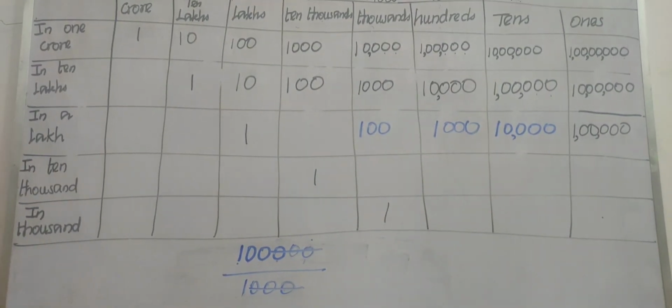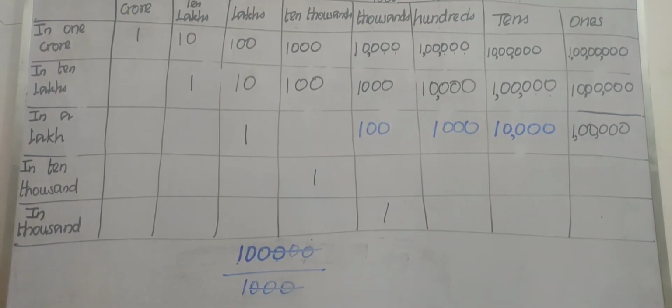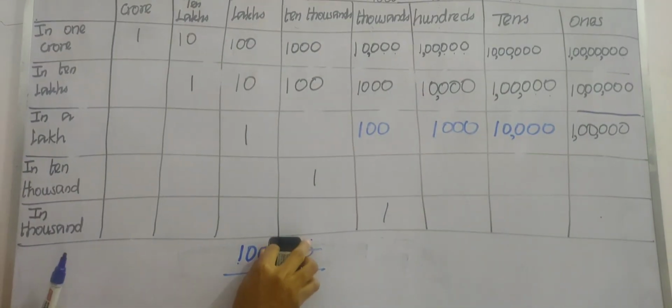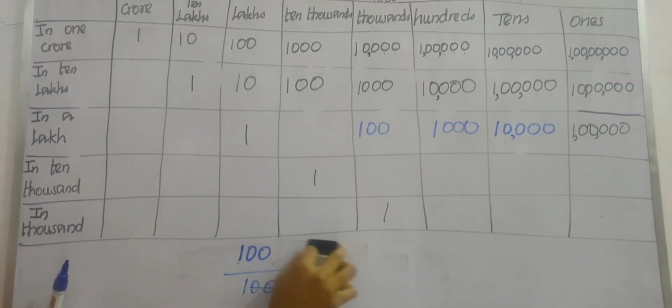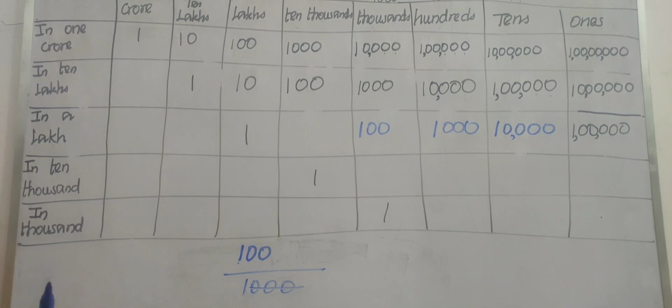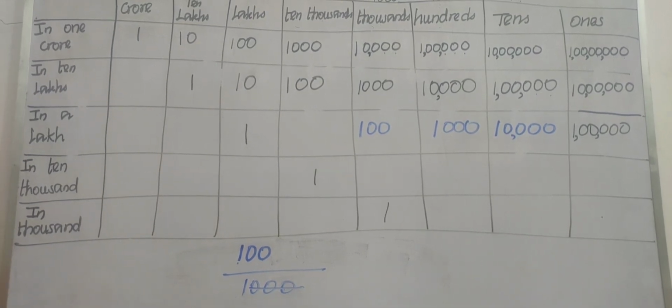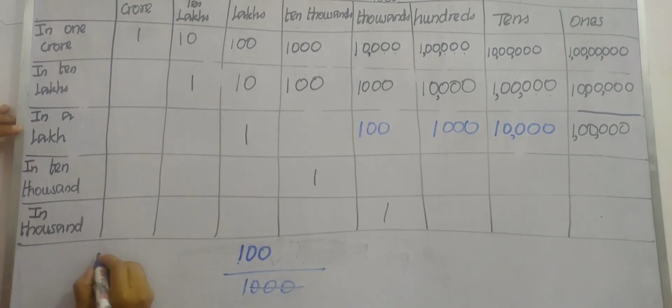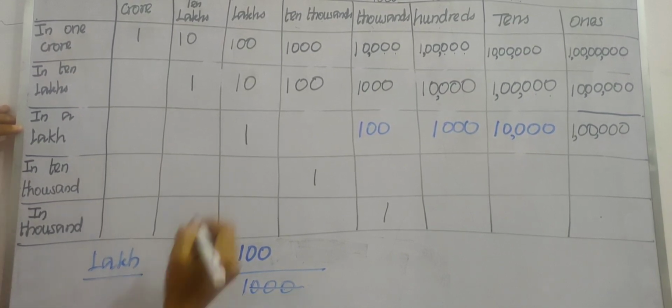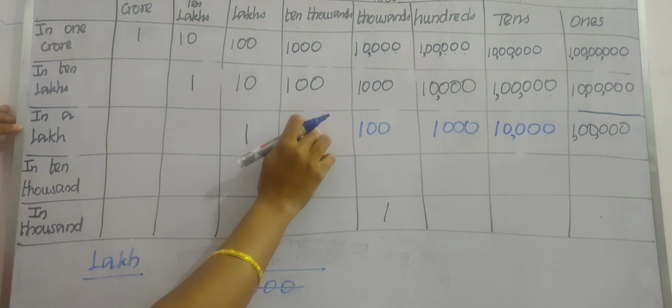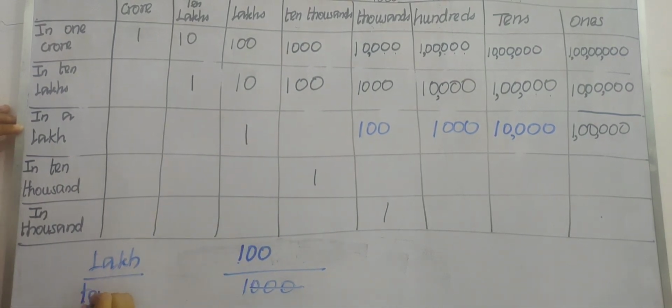Okay. So let us find for 10,000s. Children, did you all understand? If you are finding for lakhs, we need to write lakhs. Lakh divided by 10,000. Here we are going to find 10,000, right? So lakh divided by 10,000.